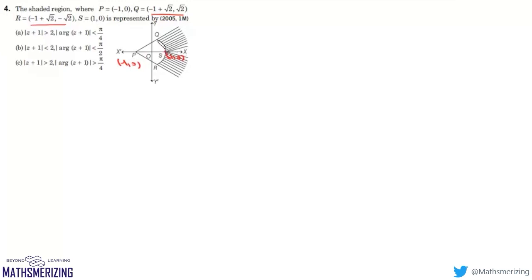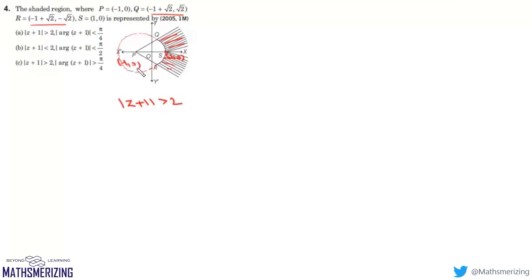Now first we look at this circle. So all these points lie outside this circle. So the one condition that we have here is mod of z plus 1, and its radius is 2 units, it should be greater than 2. So mod of z plus 1 is greater than 2.